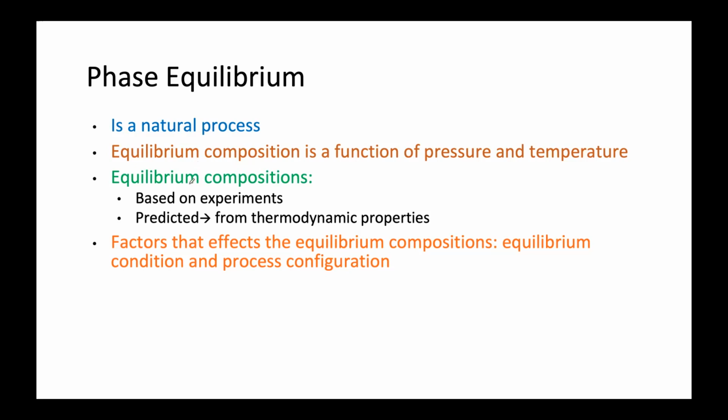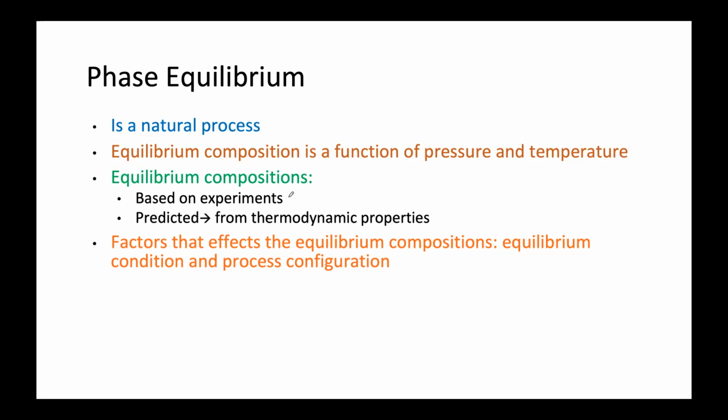As you learn in statistics, if you have a set of data, you can do interpolation or a little bit of extrapolation, and then when you predict properties at a certain condition, you can use those models.